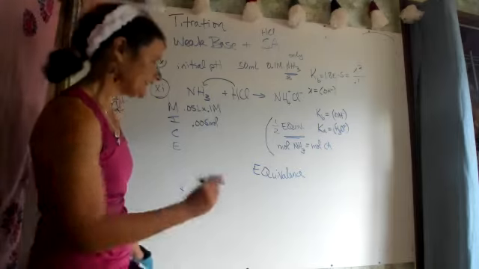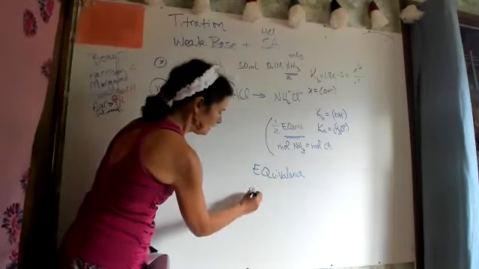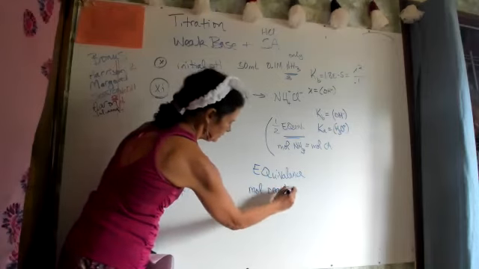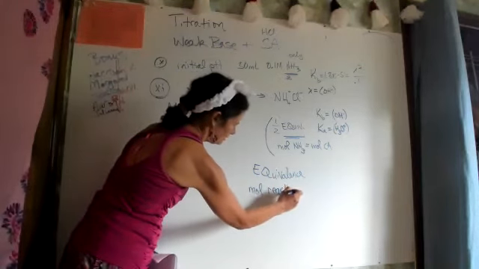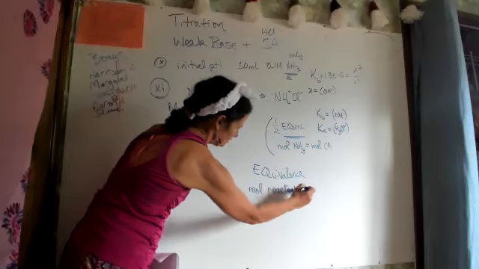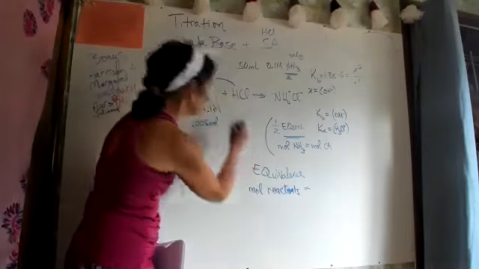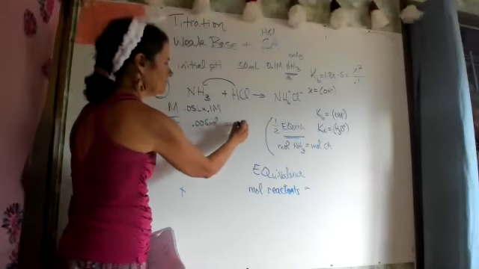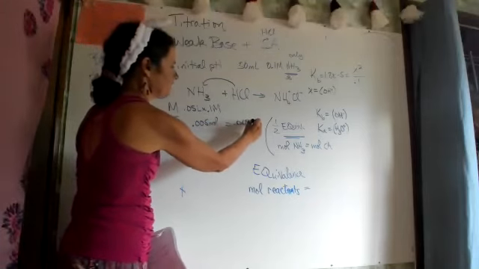All right, at the equivalence, the moles of your reactants are equal. So in this case, my NH3 and my HCl will both be 0.005.